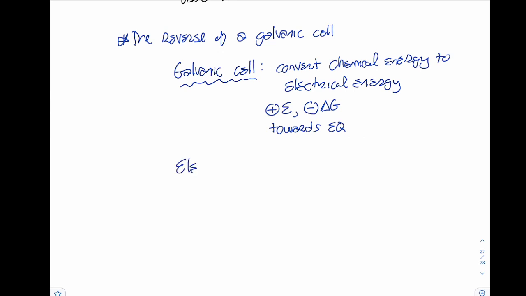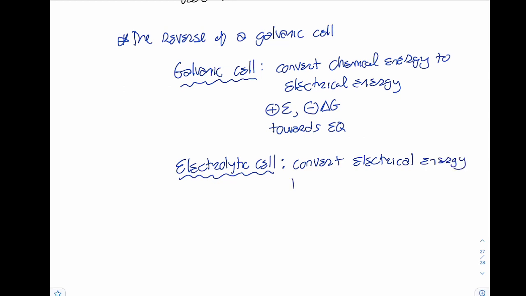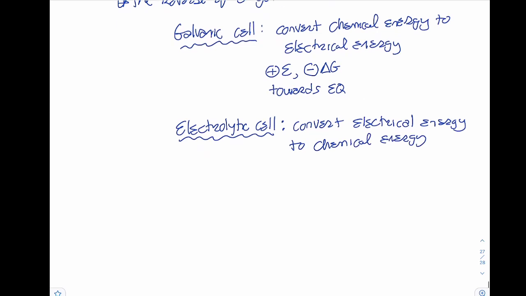Our electrolytic cell then is going to convert electrical energy to chemical energy. We're going to have a negative cell potential, a positive free energy change, and it pushes our reactions away from equilibrium.